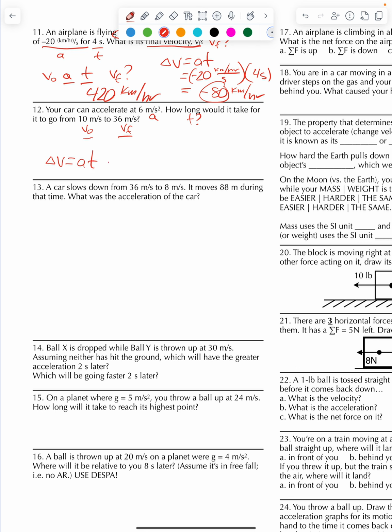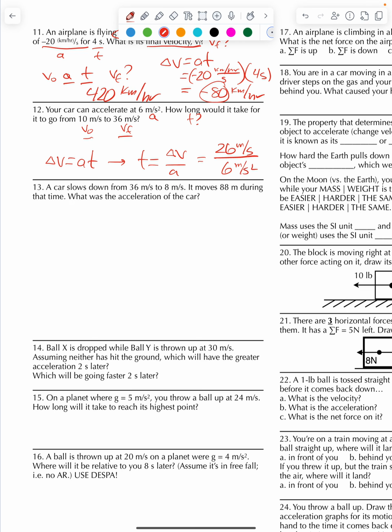So let's find the delta V. Remember, whenever you have initial and final velocities, you should be able to just quickly find what the delta V is. So what did the velocity change by if it went from 10 to 36? 26, right? I'm never going to write that down as work. So it changed by 26 meters per second, and then the acceleration was 6 meters per second squared.